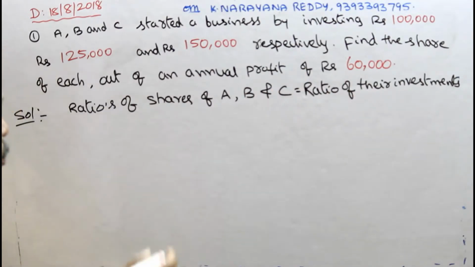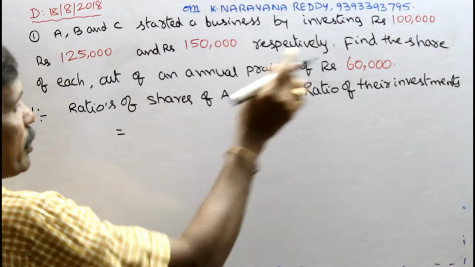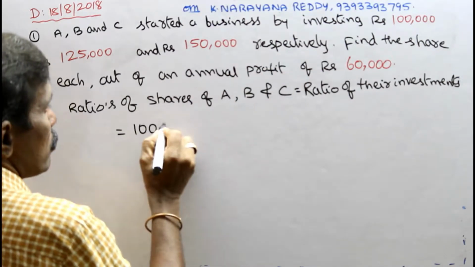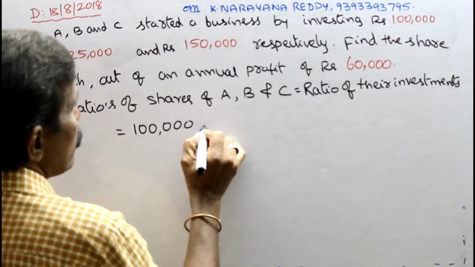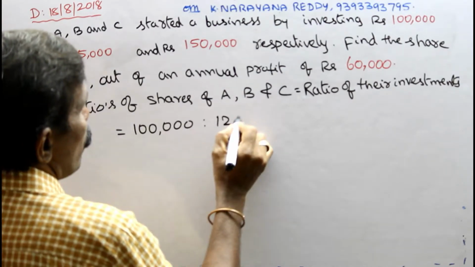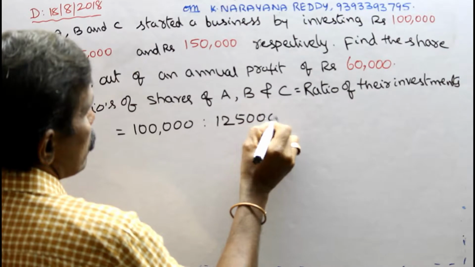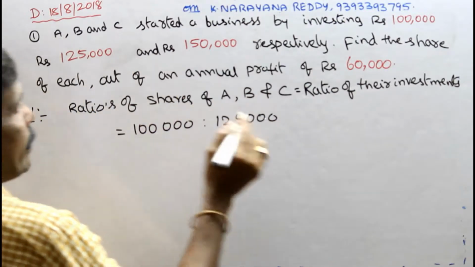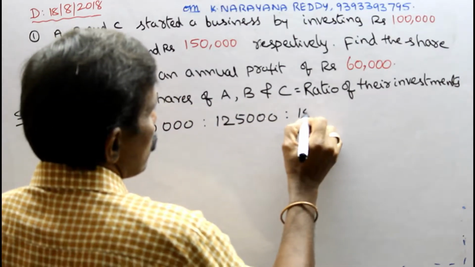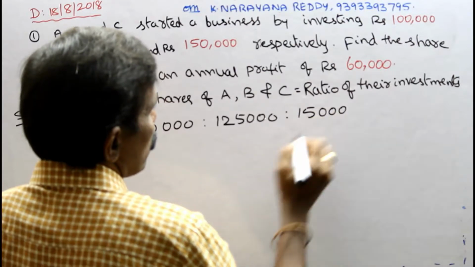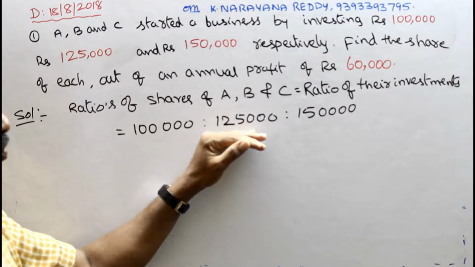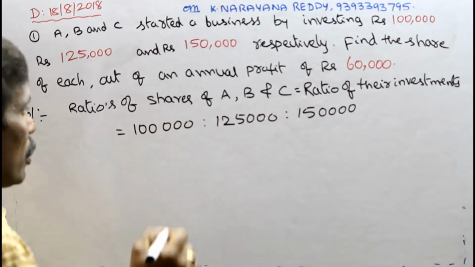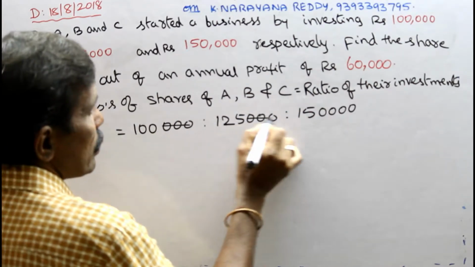What are those investments? A invested 1 lakh, B invested 1.25 lakh, and C invested 1.5 lakh. These three zeros get cancelled.